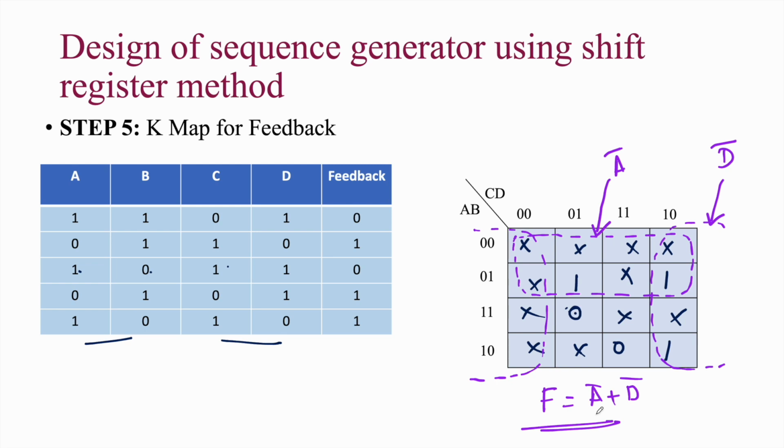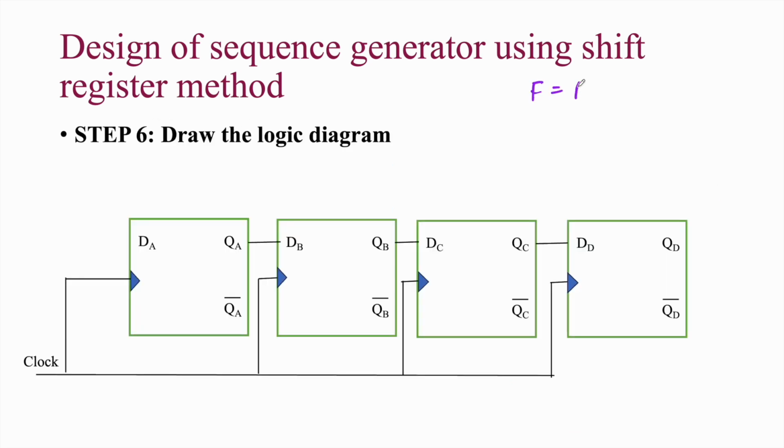Next we have to go for the design. So the expression F is equal to A bar plus D bar. Since we had 4 bits A, B, C, D, we have 4 flip-flops here connected like a shift register. So now we have to draw the combinational logic alone. It is A bar. If this is A, obviously this is A bar. Therefore A bar is taken.